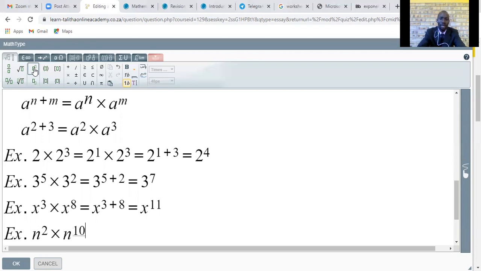How do we simplify this? Well, since the bases are the same, we would have n with exponent of 2 added to 10. Now notice that when we add 2 to 10, we get 12. And so the final result will be n with exponent of 12.